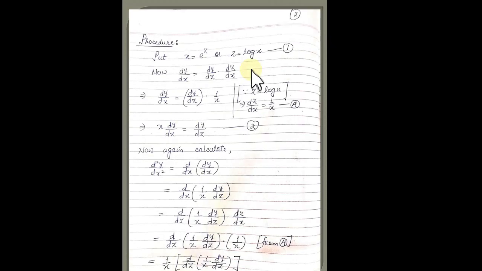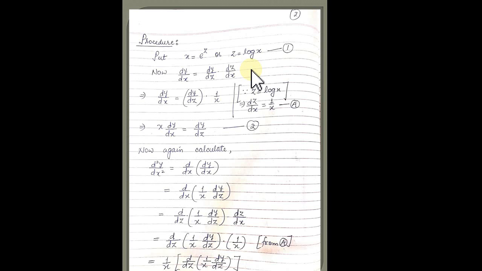For solving this type of differential equation, we have this assumption x equal to e raised to the power z, or we can say z equal to log of x. From this substitution we have to calculate now dy upon dx and d2y upon dx square.